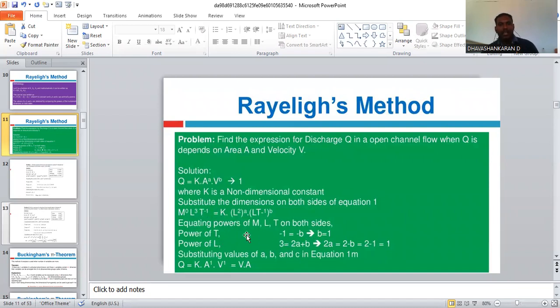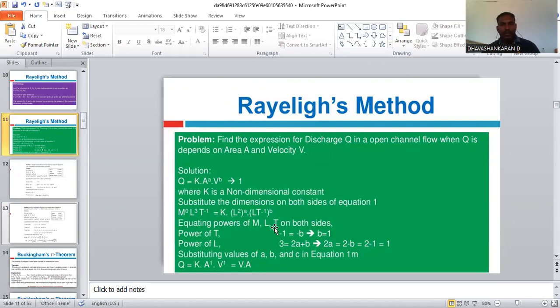On the right-hand side, the power of T is minus b, since b is common for L and T: L power b, T power minus b. So from solving, we get the value of b equal to 1.